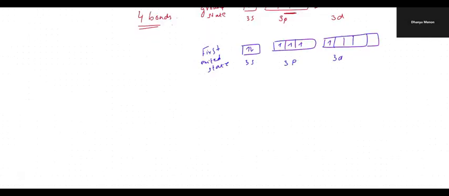Now let's talk about oxygen. Oxygen is 8, 1s2, 2s2, 2p4. I will draw the p orbitals only. Similarly, one more oxygen is there with the same configuration, 1s2, 2s2, 2p4.